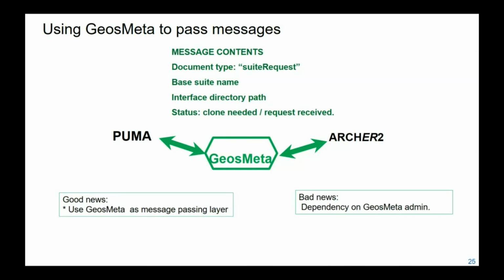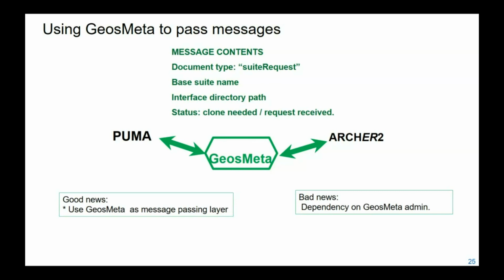The bad news is that while this works, it does mean that anyone running UKESM in OPTCLIM, it's only UKESM that this applies to, does need to be able to use GeosMeta. That's not that complicated, but it gives a dependency on us being able to run GeosMeta for the user, which is fine and part of what I'm willing to do.